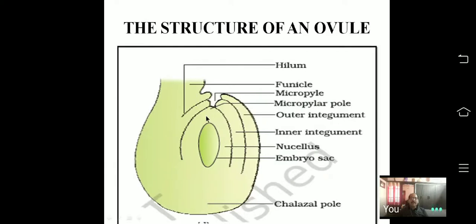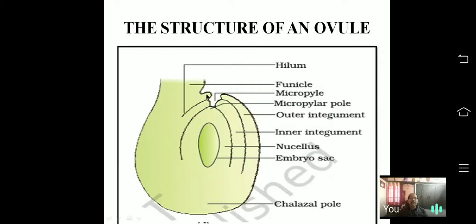This nourishing tissue, nucellus, is externally covered by two protective membranes. This is the first protective membrane, called inner integument. It is enclosed by another layer called outer integument.